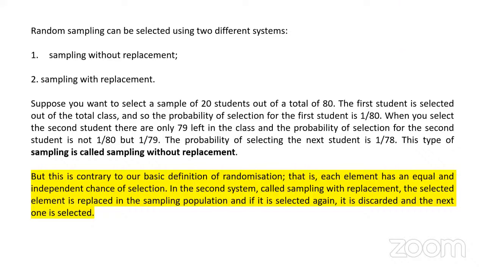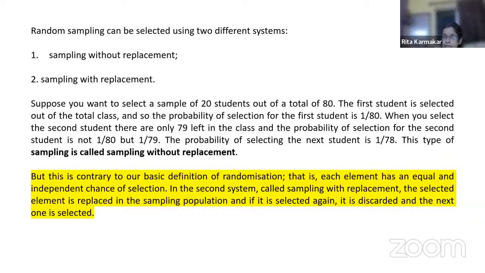Without replacement, ma'am, like in this, we have to choose 20 students out of 80. So 20 times we have to do the same thing. When the first time we chose, one was picked up. The probability is 1 by 80, which means out of 80 anyone can be chosen.